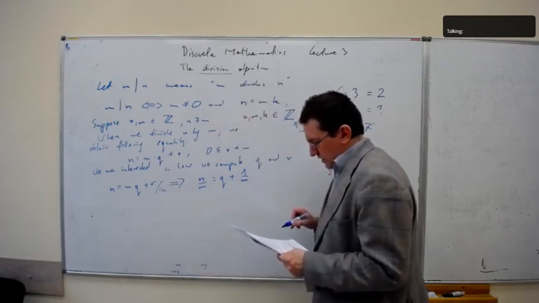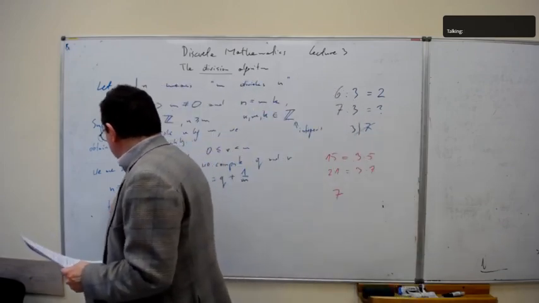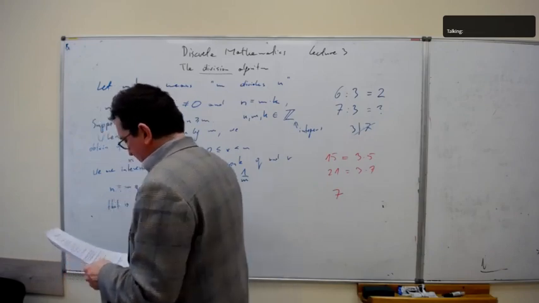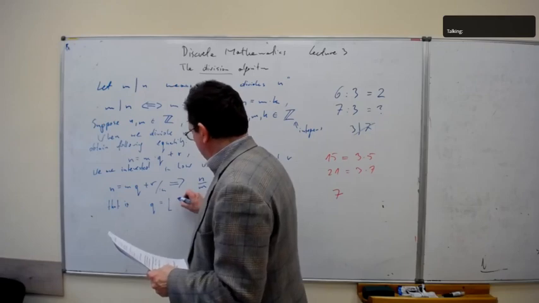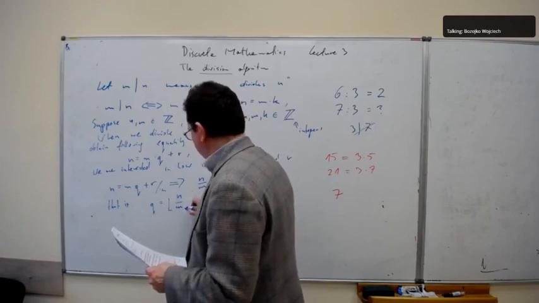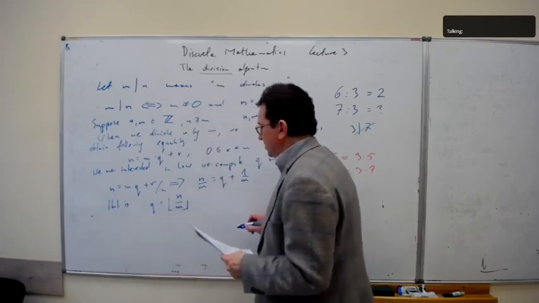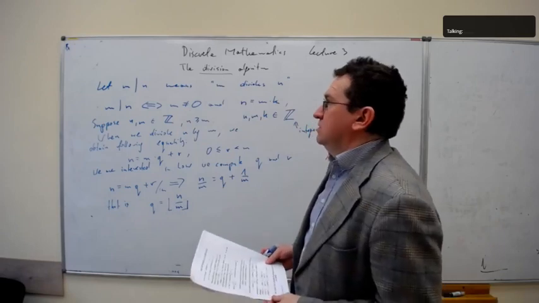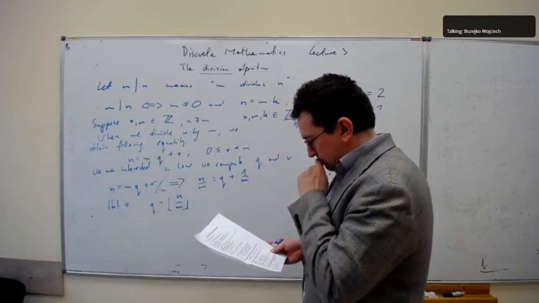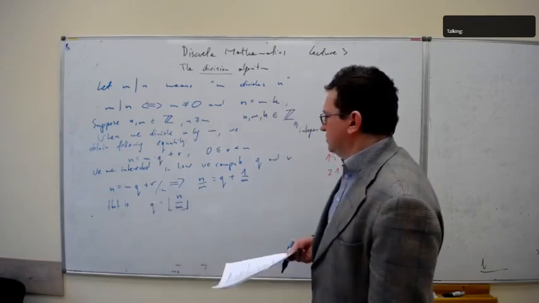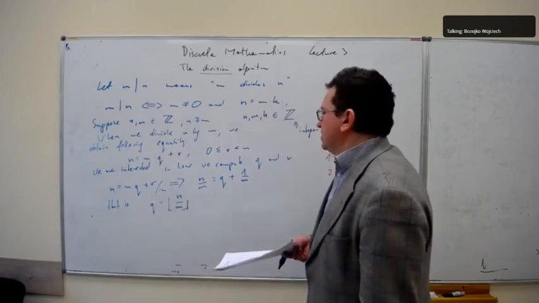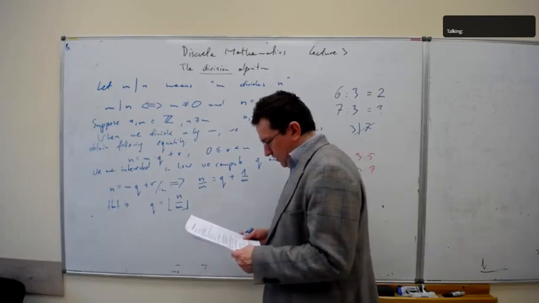That means that we can write that q is the floor of n divided by m, and this is something we can call, of course, the integer part of this quotient, but it is quite easy to compute it.